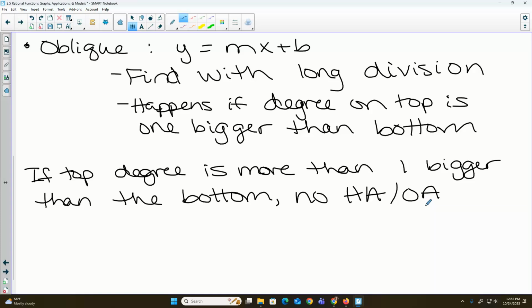And you can't get both horizontal and oblique. It's one or the other, because it's all based off that degree. It's based off what would happen if we divided them. What's the quotient if we throw out that remainder?